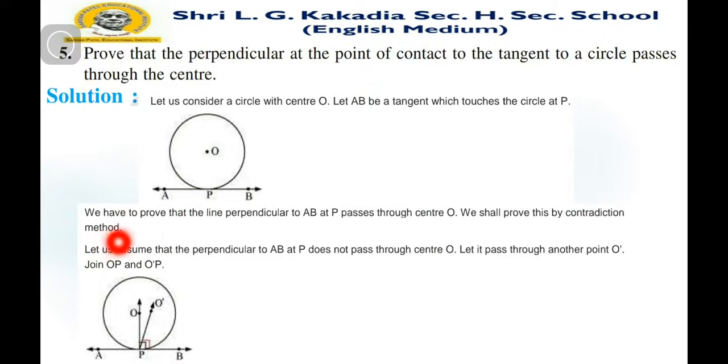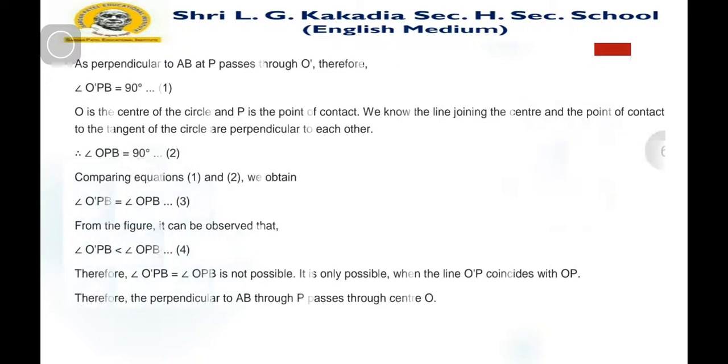For that, let us assume that the perpendicular to AB at P does not pass through center O. We want to prove that it passes through center O, so we take the contrary, that the perpendicular does not pass through O. That is, it passes through another point O dash, joining OP and O dash P, as you can see in the figure. So let the perpendicular to AB pass through O dash.